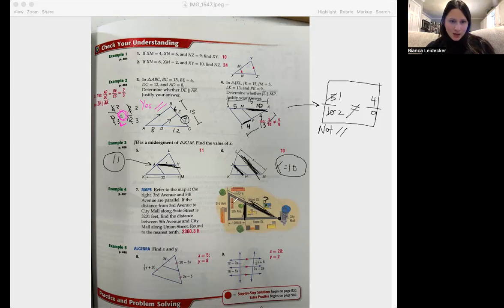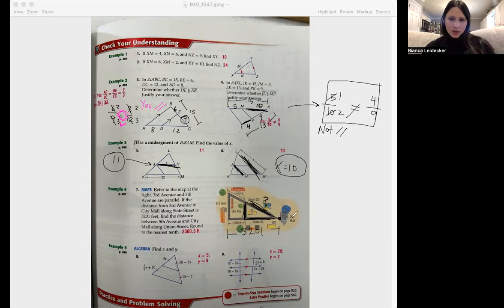And it does say that the distance along 3rd Avenue, from 3rd Avenue all the way to City Mall along State Street, which if we read this, State Street is 3,201. So I'm going to label this. This entire distance is 3,201. So I have to first find this little side that we're missing along State Street.